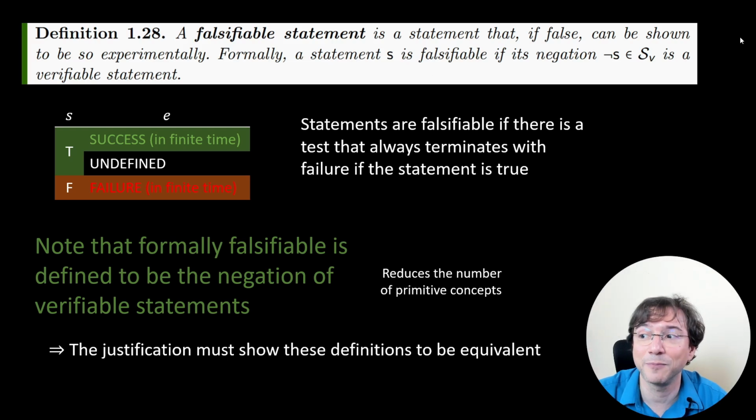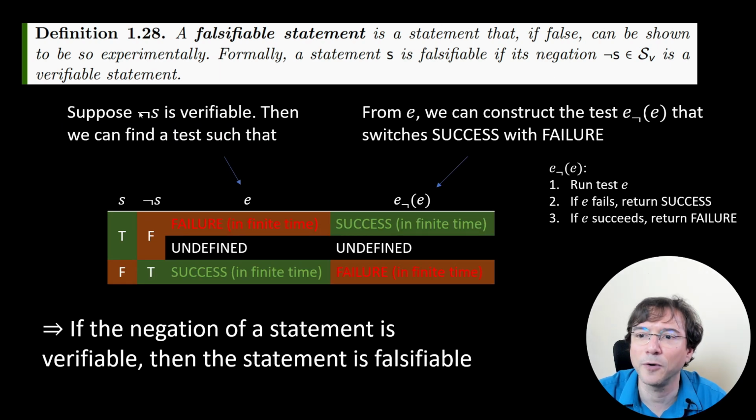That if we can show that something is experimentally falsifiable, then it is the negation of a verifiable statement. And this is how we do it. Suppose we have a statement S and not S, and suppose that not S is verifiable, right?